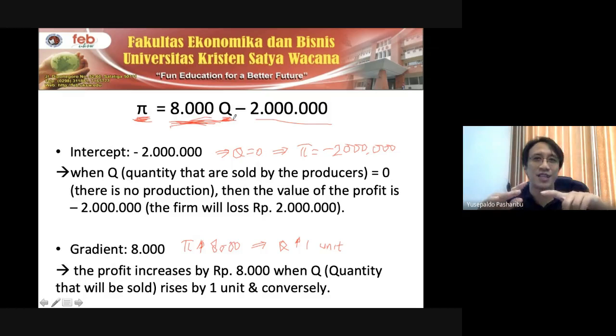Q must rise by only 1 unit, and then what happens with the other variable, the profit? The profit P increases by 8,000 rupiah when the quantity sold rises by 1 unit.